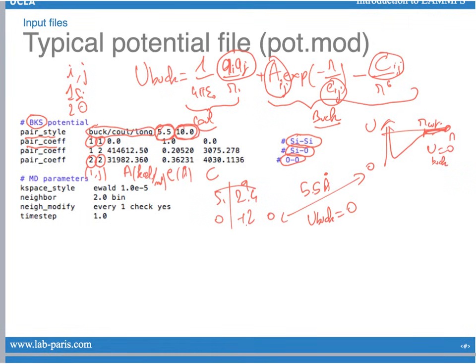Using those lines, LAMMPS will know the type of potential that you are using, the cutoff, and the parameters for each type of atom. The next step is that there are a few more parameters to specify. First, you have this line that tells us how to calculate the long-range Coulombic interaction.